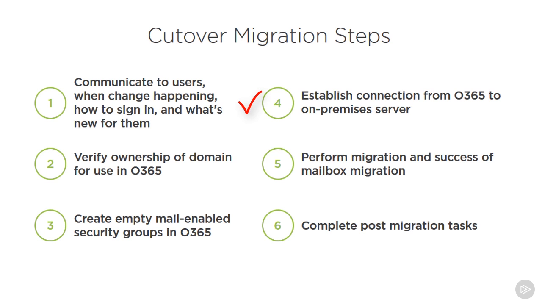You'll establish a connection between Office 365 and on-prem. You'll perform the migration and check the status of the mailbox migration. And then you'll again complete post-migration tasks. And this would include assigning licenses, configuring the domain to route email to Office 365, and again creating that auto-discover DNS record as we did when we performed the staged migration.